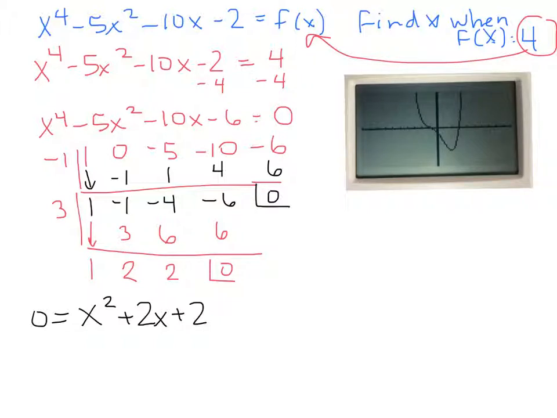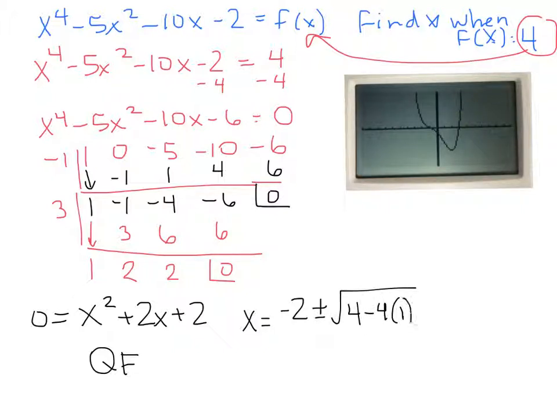Again, nothing multiplies to 2 and adds to 2, so we're going to go to the quadratic formula to get the last two answers. So x equals -2 plus or minus the square root of 2 squared, so 4, minus 4 times 1 times 2, over 2 times 1.